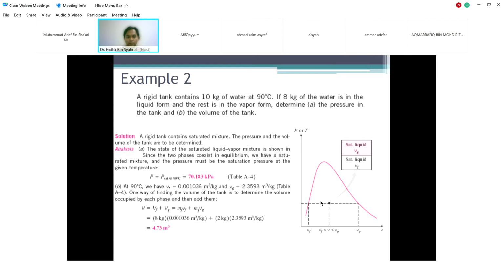You have your own table there. Find the temperature table, table A4. In table A4, find 90 degrees C, and then find the saturation pressure. At 90 degrees C, saturation pressure is 70.183, right?